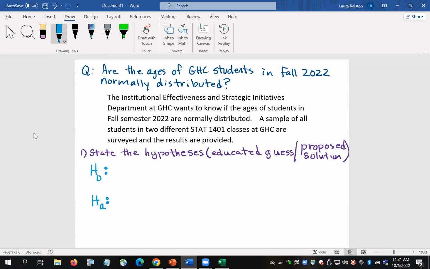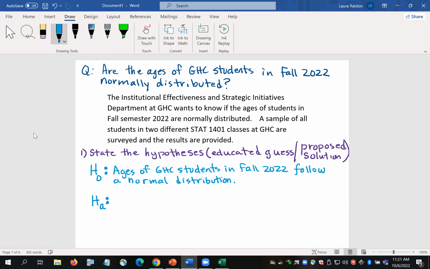So in this case, we would say the ages of GHC students in fall 2022 follow a normal distribution. The idea that it follows implies that it's equal.